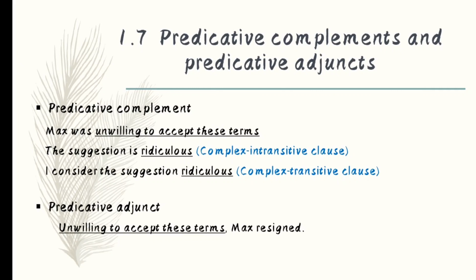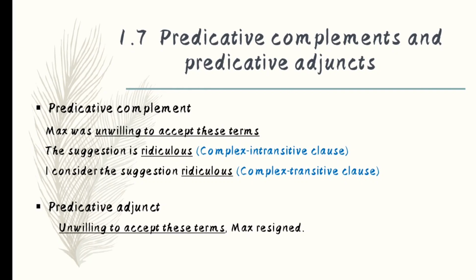And the example for a complex transitive clause is: I consider the suggestion ridiculous. The adjective ridiculous is related to the predicand, that is the subject in the complex intransitive construction, and the object in the complex transitive construction. The predicand is the suggestion.